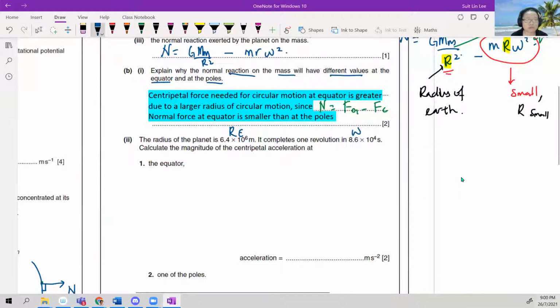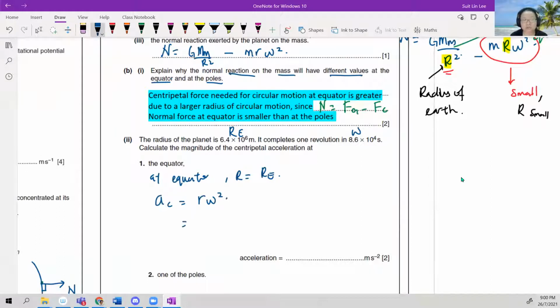Okay, so this one is as straightforward as at the equator. The r is equal to the radius of the Earth. So you want to find the centripetal acceleration, you use r omega squared. So this one would be R_E times (2 pi over T) squared, because F is m r omega squared, but F is ma, so the m and m go away.